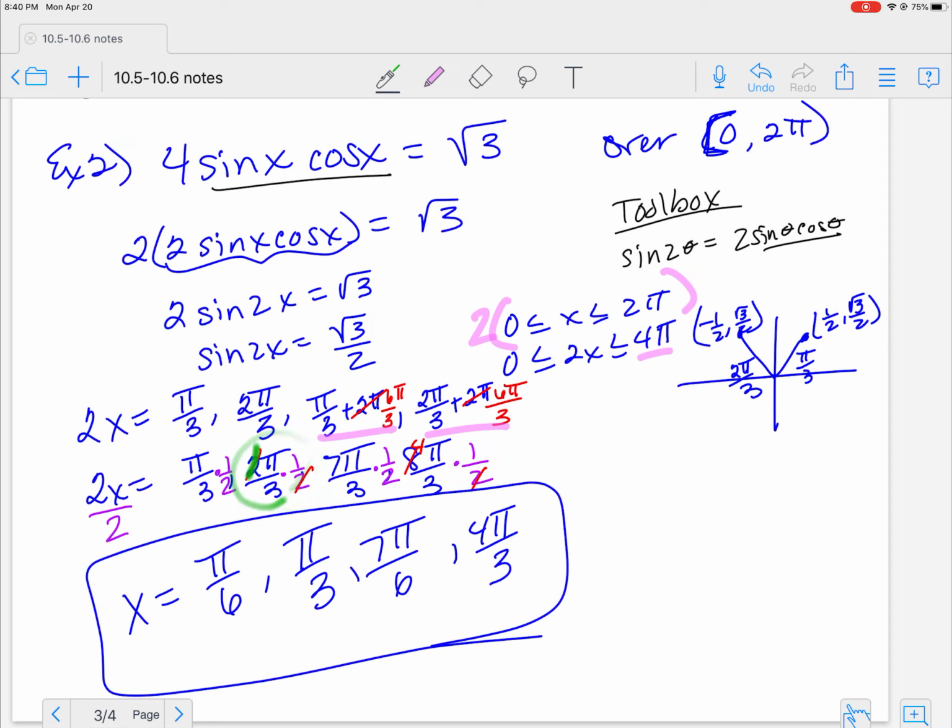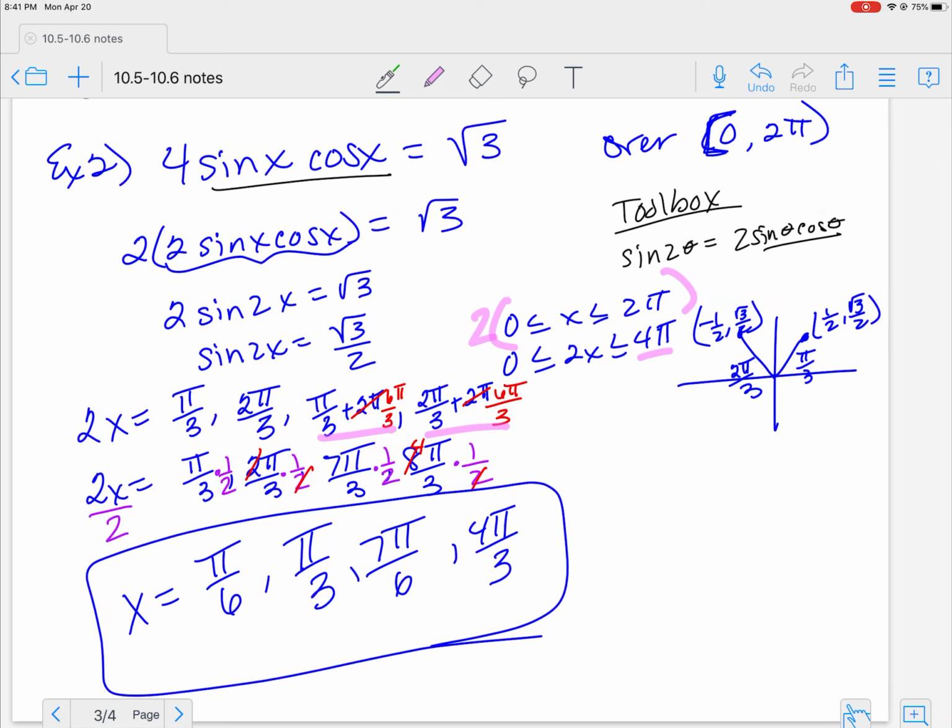Multiply that by 1/2, the 2's cancel, you get pi over 3. Multiply that by 1/2 and you get 7 pi over 6. Multiply this one by 1/2, the 2 goes into 8 four times, and I get 4 pi over 3. These 4 values are my values of x between 0 and 2 pi because I worked with that double angle.